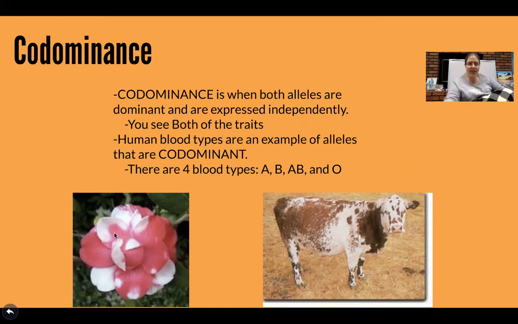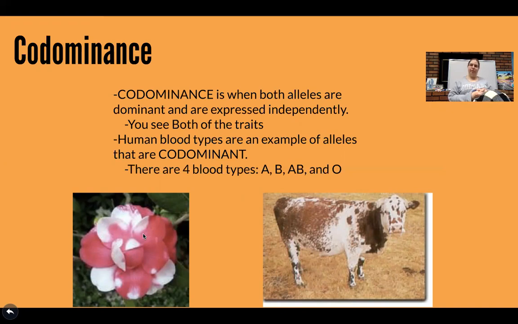But as you can see in this picture, we end up seeing both colors. So red and white come together to make a flower that has portions that are red and portions that are white.